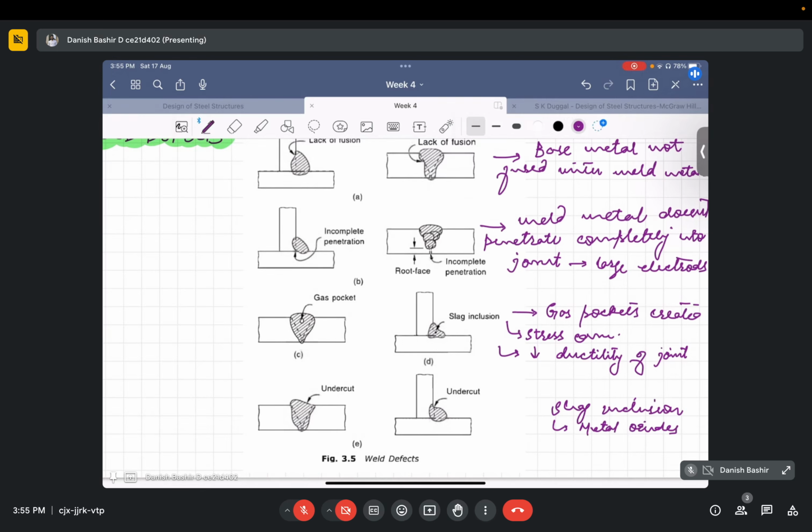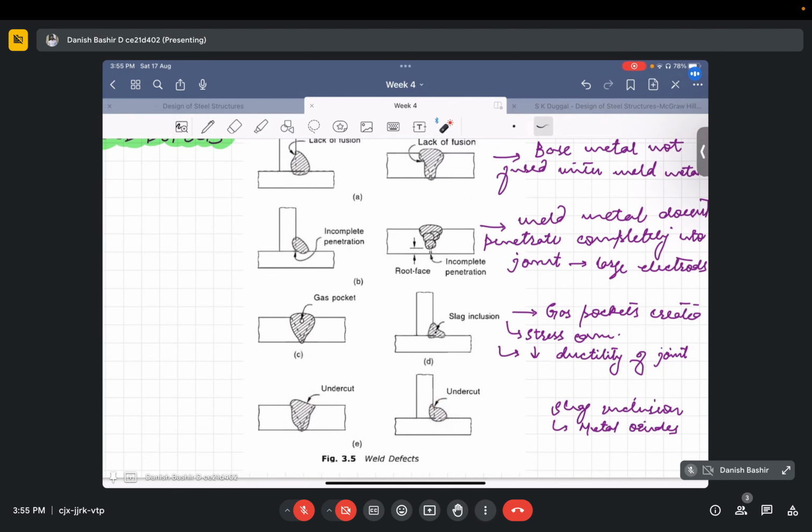Then there is undercutting. It is a local decrease of the thickness of the parent metal at the weld toe. This is caused by the use of excessive current and a very long arc. What undercutting means is that at the toe of the weld, the toe is here, and here, and here. Because of the very high current, the base metal gets melted.